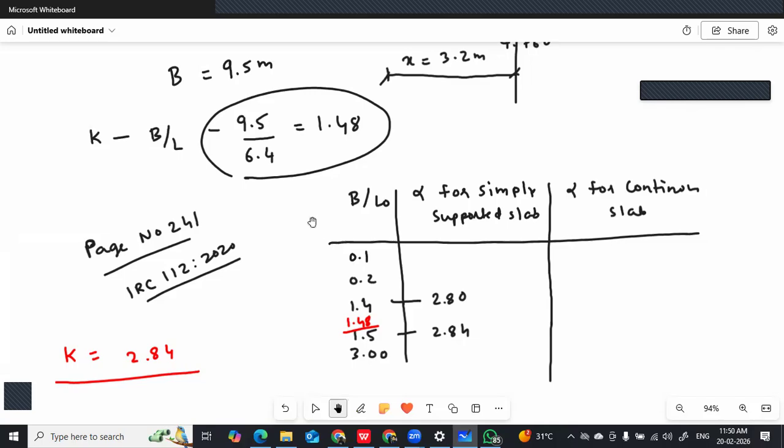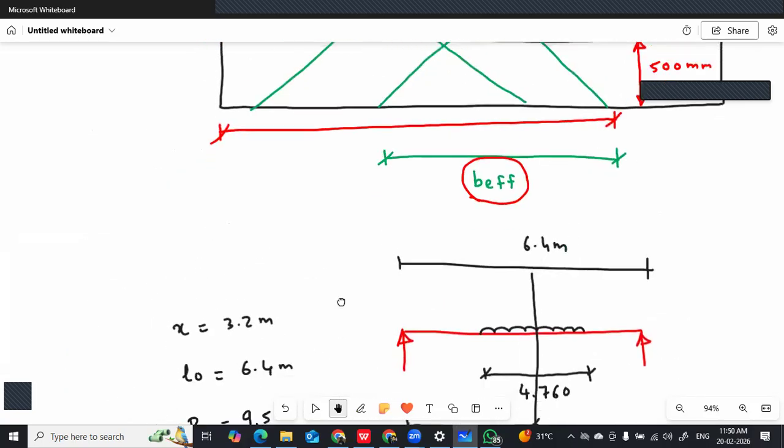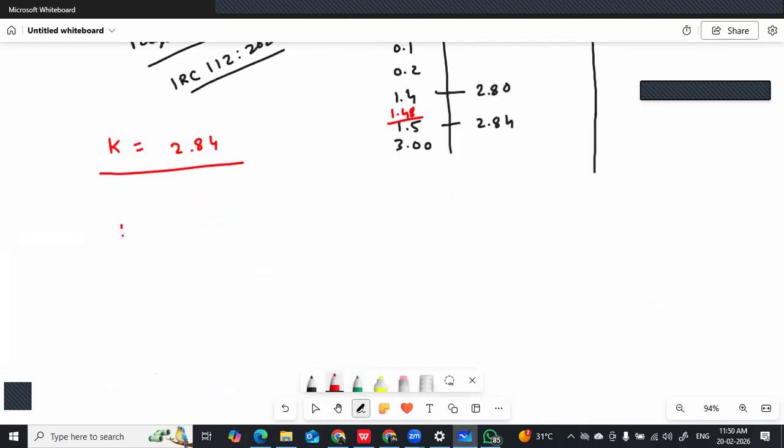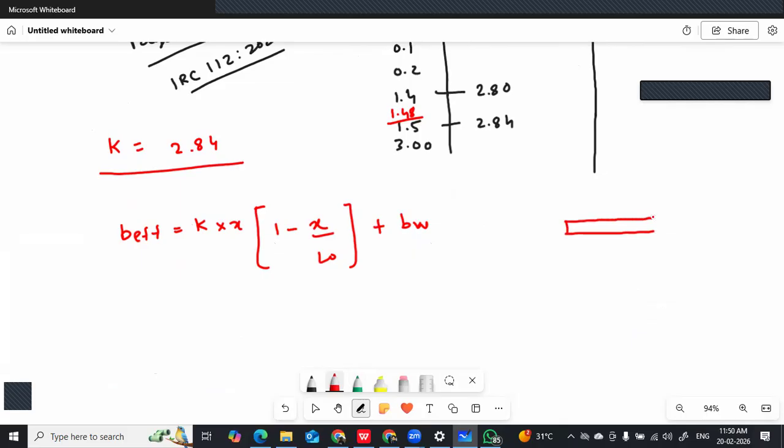Okay, then you can use this formula. B effective equals K into x, 1 minus x divided by L naught, plus BW. What is this BW? I will tell you. See, this is the single track that you have.